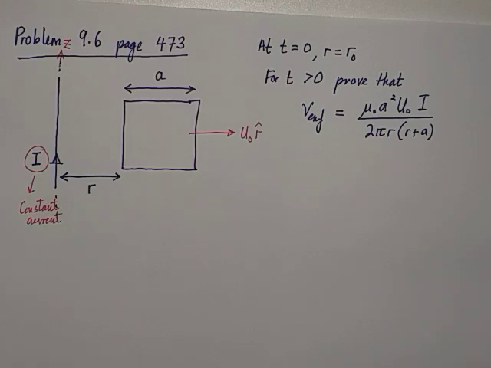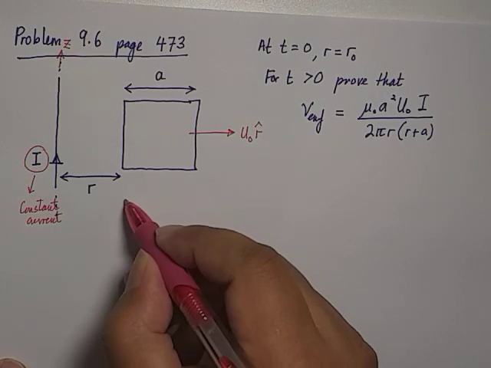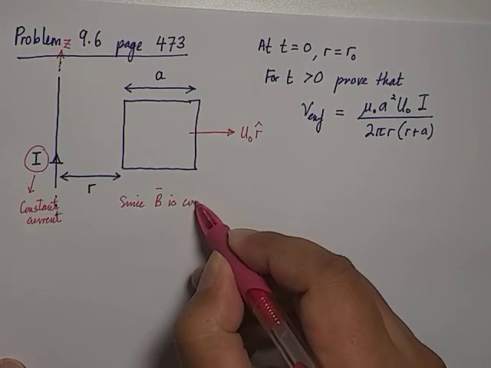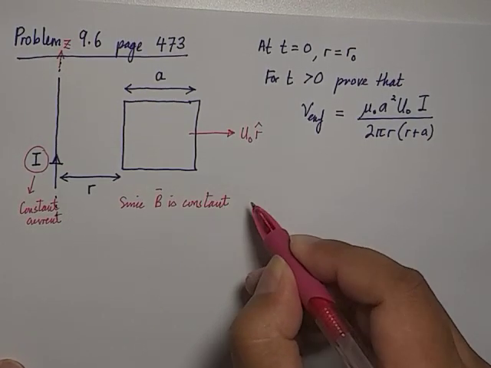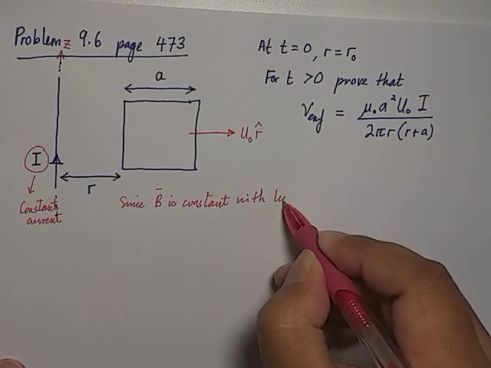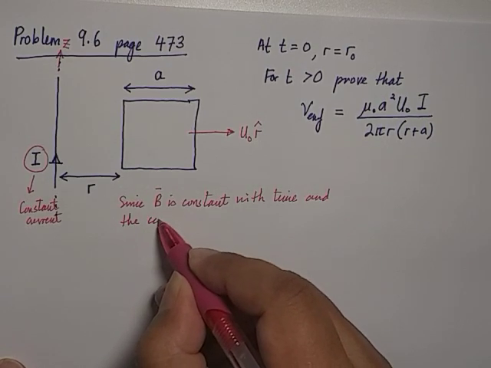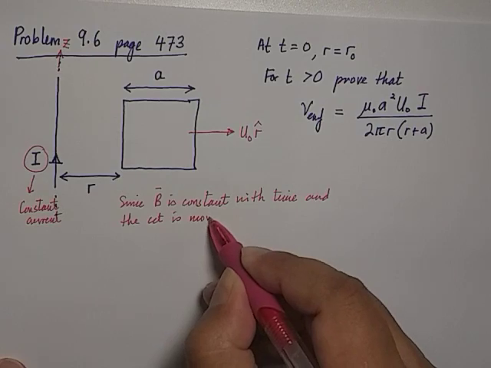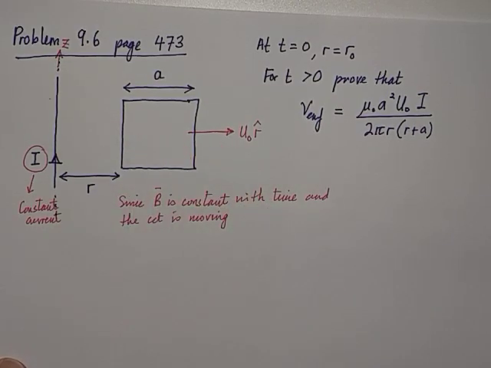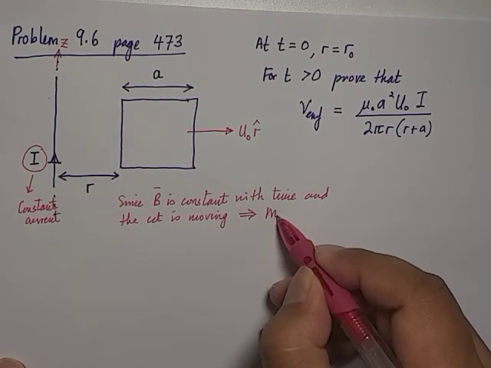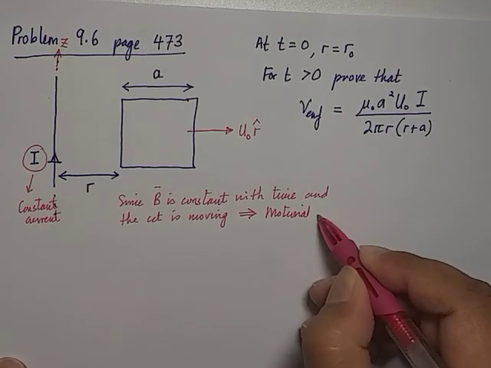So how do we solve this problem? I think we have to look at the conditions. Since the B field is constant with time, and the circuit, the rectangular loop circuit, is moving, we should adopt what is known as motional EMF.